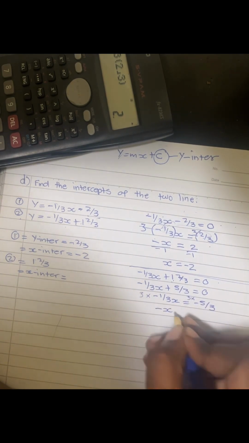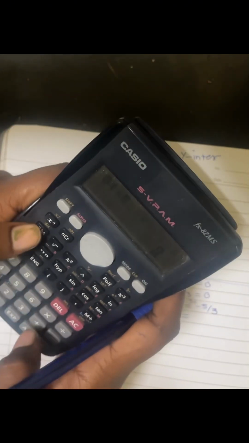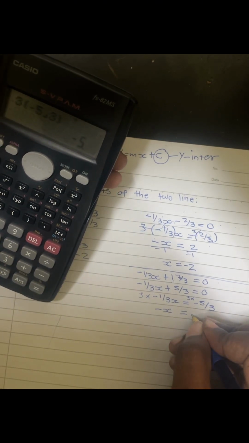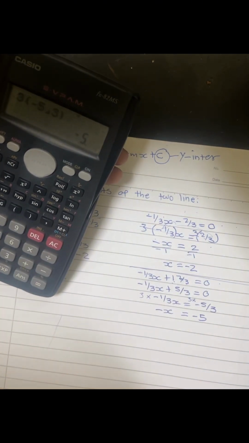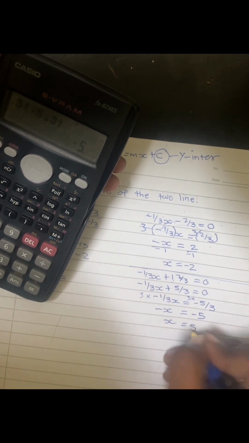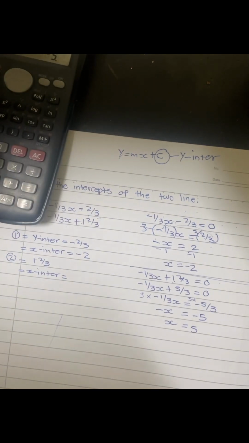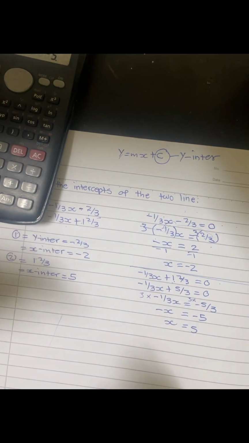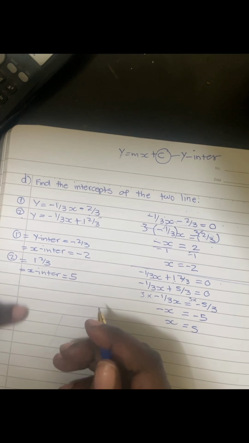That's going to equal negative x equals 3 multiplied by negative 5/3, which is negative 5. And then we divide by negative 1 on both sides, so x equals positive 5. So we have our x equals 5. So there you have it, the intercepts.